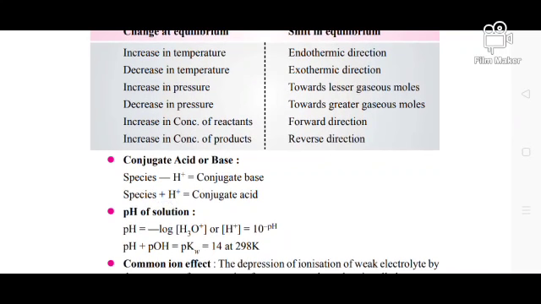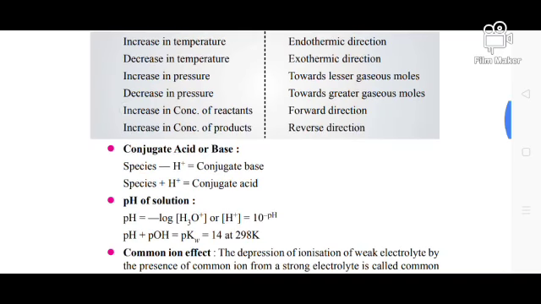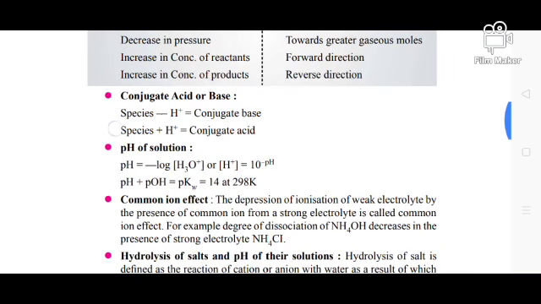After that, when we increase the pressure, the equilibrium shifts towards the side with the lesser number of gaseous molecules. But when we decrease the pressure, the equilibrium shifts towards the side with the greater number of gaseous molecules.